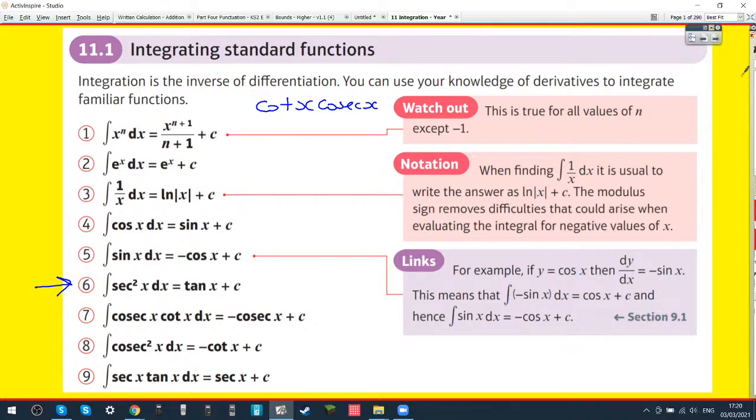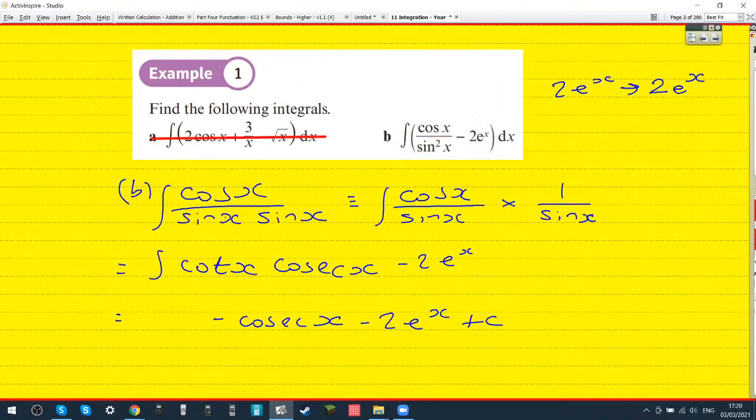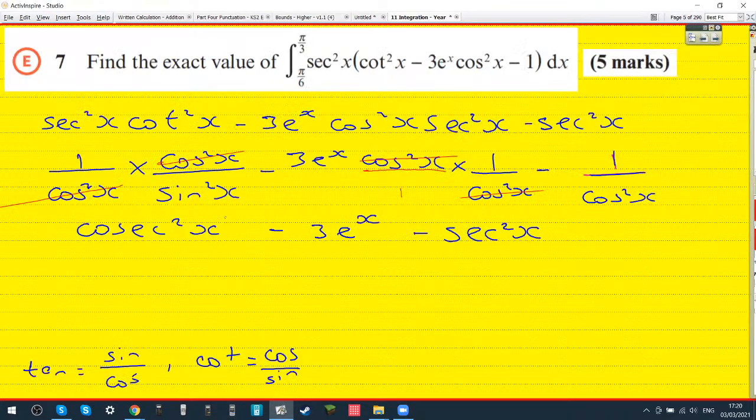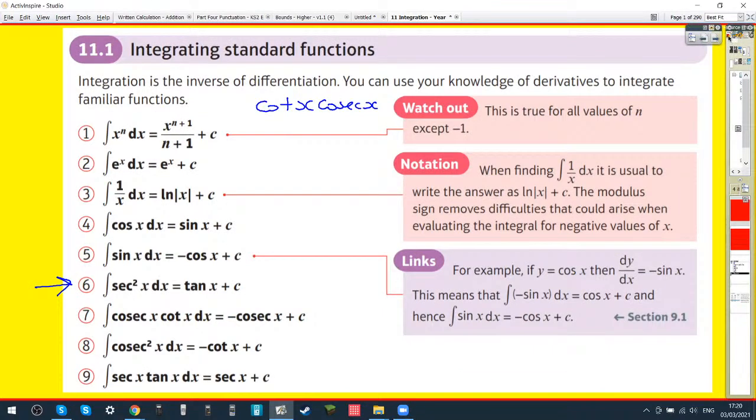Cosec squared x is the same as minus cot x plus c. Yeah. So that is minus cot x. And sec squared x is tan x plus c.